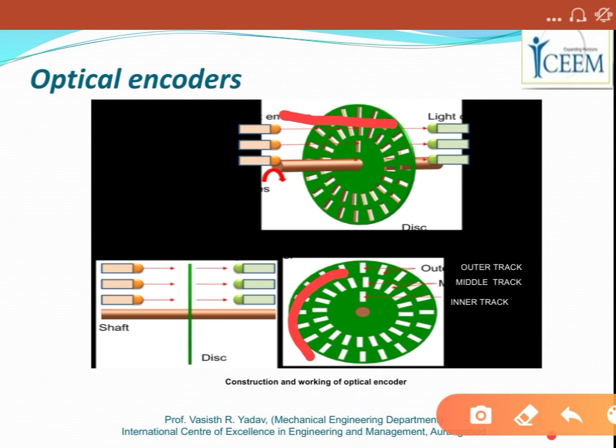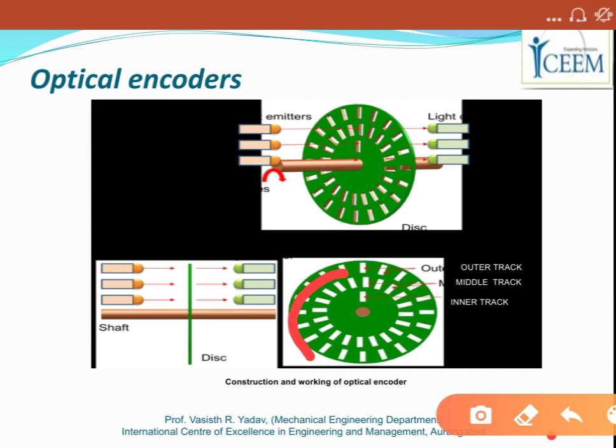If the light passes through the middle track, it will be sensed by this one, and if it passes from the inner track, it will be sensed by another light sensor. Now these sensors produce electric pulses which give the angular displacement of the mechanical element, that is the shaft on which the optical encoder is mounted, right?